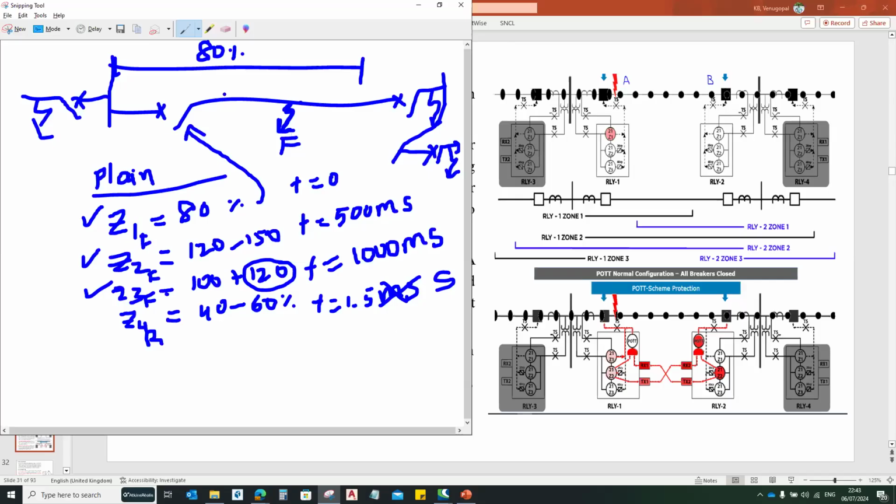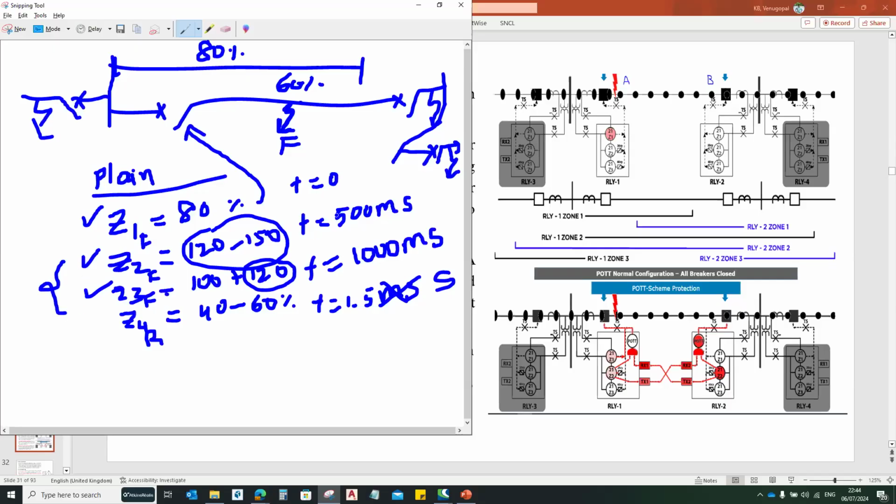If the fault is on the transmission line, under the 80%, zone 1 will operate because the fault is within this 80%. And similarly, zone 2 will start, but it will not give trip because the timer will start, as the fault is at 60% of the transmission line. So the Z2 timer will start. Similarly, the Z3 timer also will start.